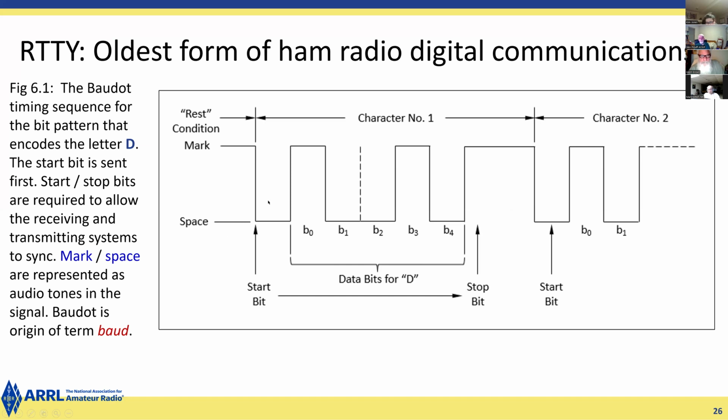There's a start bit which always consists of a space that signals the start of a character. At the end are 2 stop bits, which are both mark, which indicate the end of a character, and in between are 5 data bits.